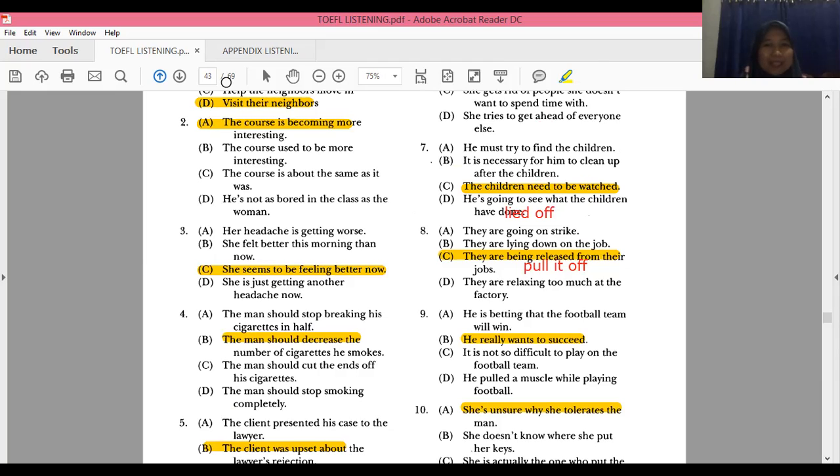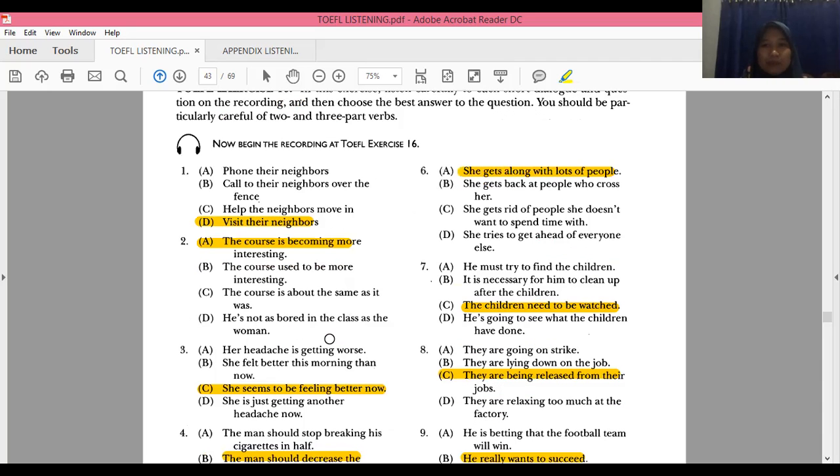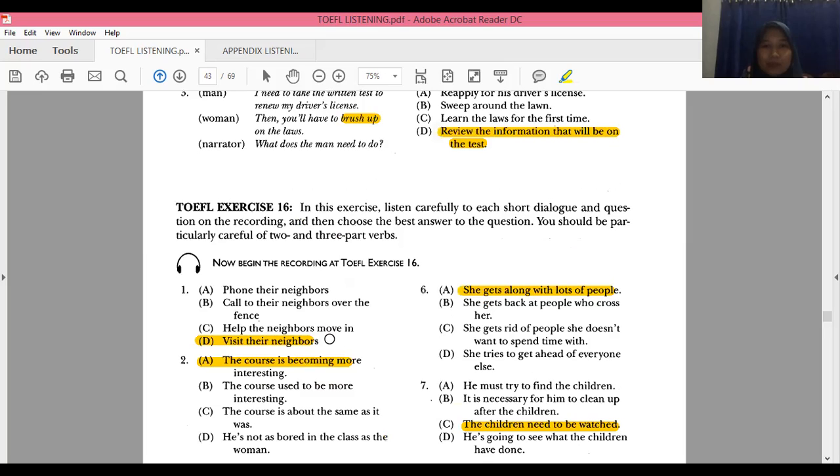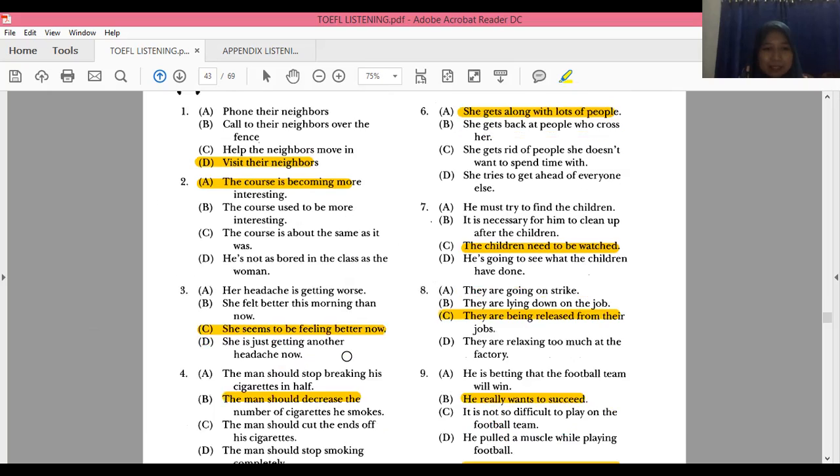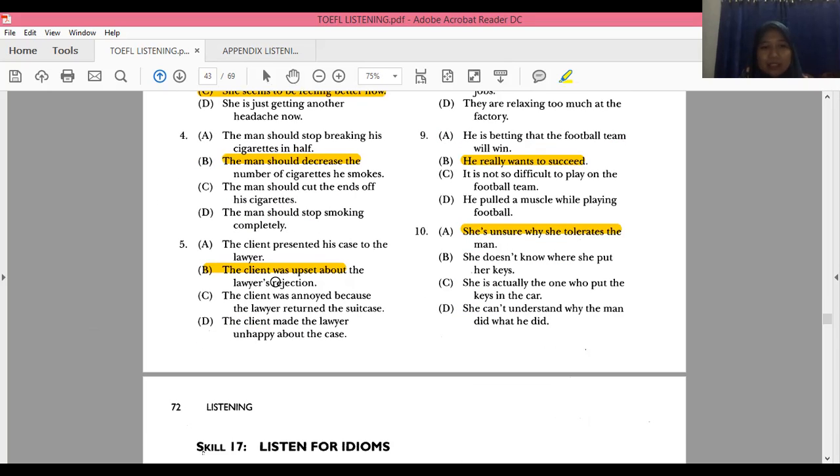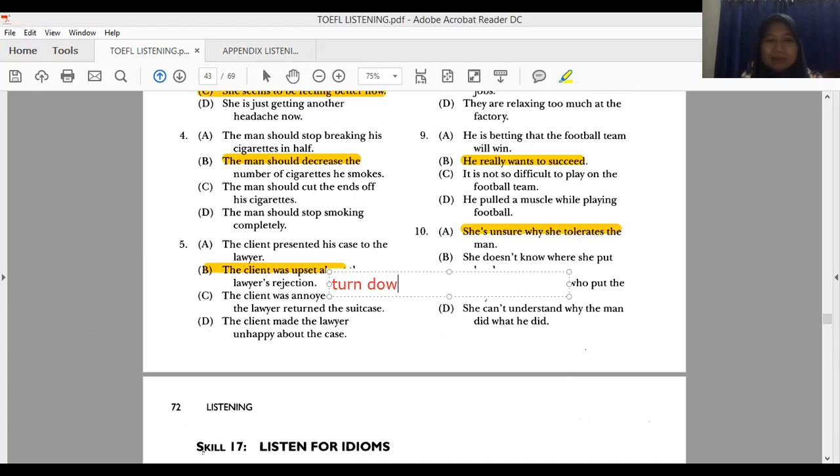Listening itu pakai context. First, find the keywords, then second, match the context. That's for phrasal verbs. Nomor 5 tadi jadinya apa? Number 5. Ini, rejection, turn down. Tadi phrasal verbnya turn down. Reject.